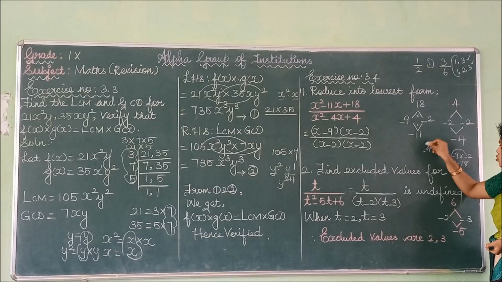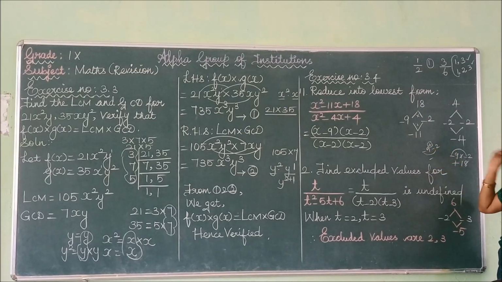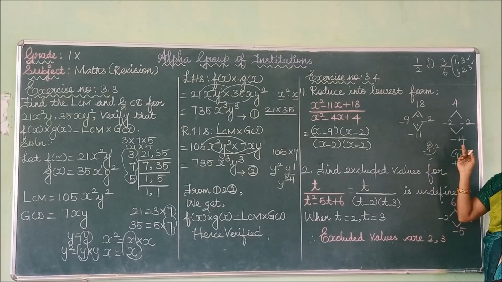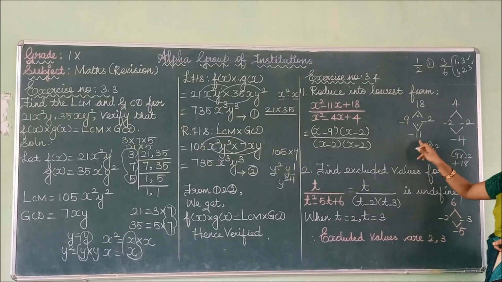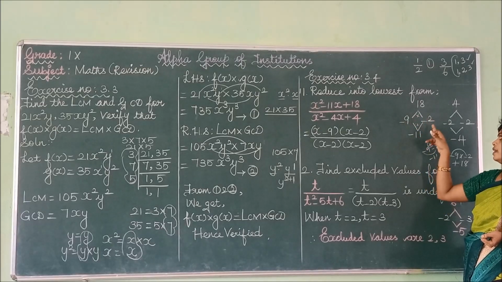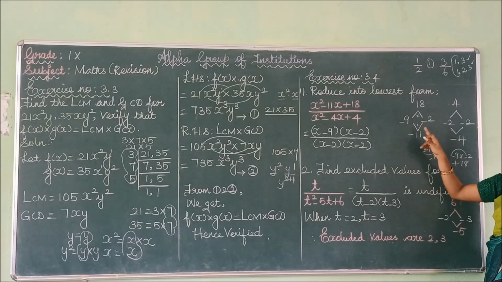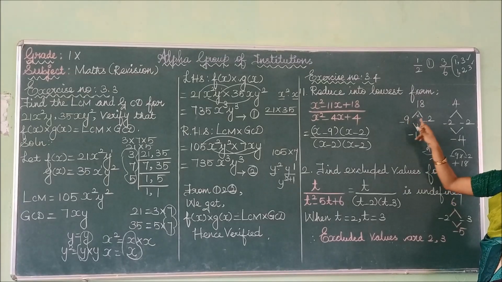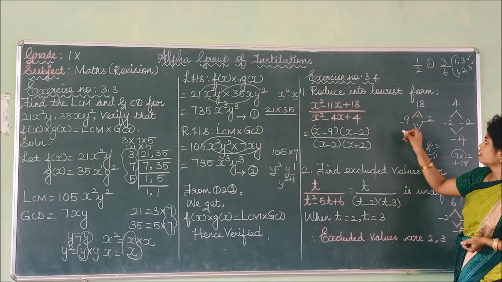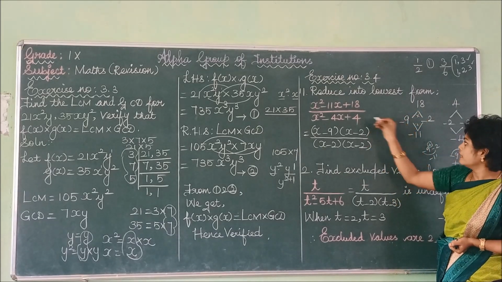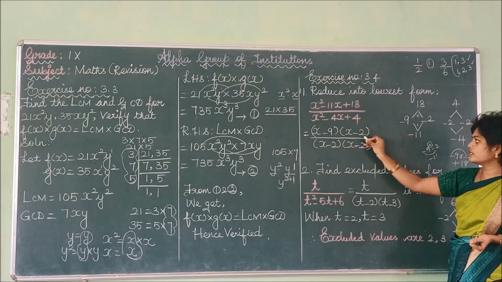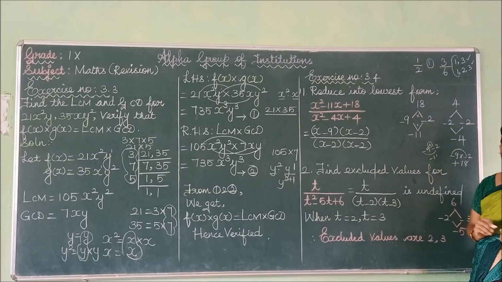When you add these two numbers, both having a negative sign, you keep the negative sign and add the numbers. 9 plus 2 is 11. So when you split this, 18 is minus 9 into minus 2, and 11 is split and written as minus 9 plus minus 2. The variable is x. x minus 9 is one factor and x minus 2 is another factor. So this is one way of writing.